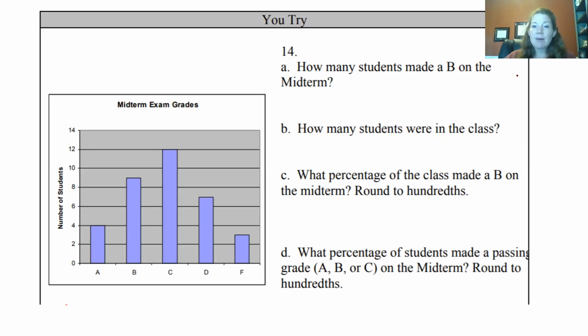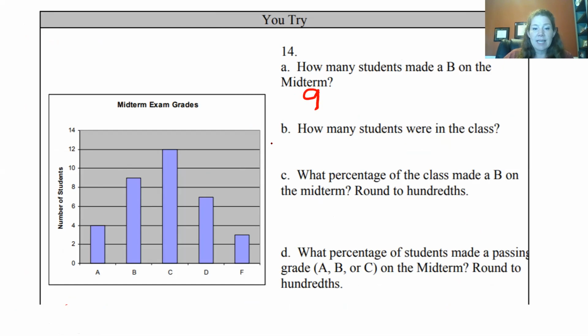All right, now we have how many students made a B on the midterm. This time, first of all, I'm going to answer letter B. How many students were in the class? Oh, well, never mind. So how many students made a B on the midterm? It's halfway between 8 and 10, so that would be 9. And now we want to know how many students were in the class.